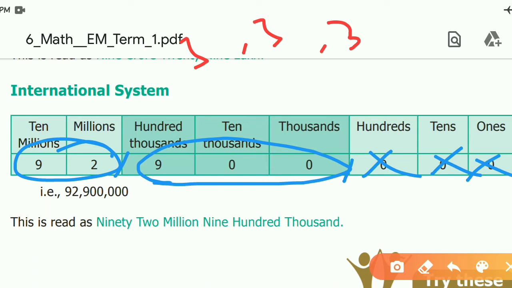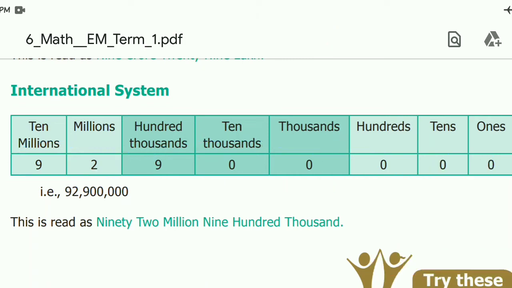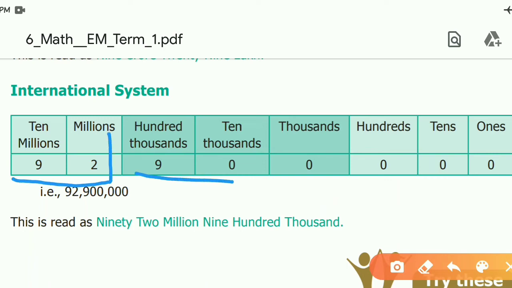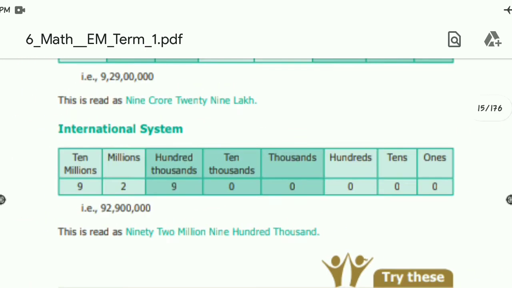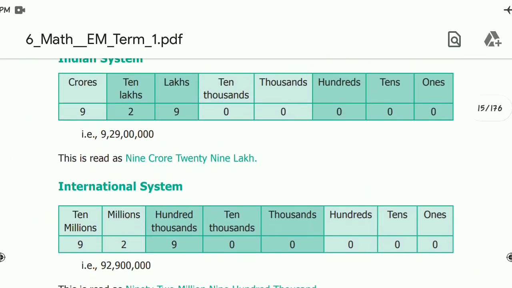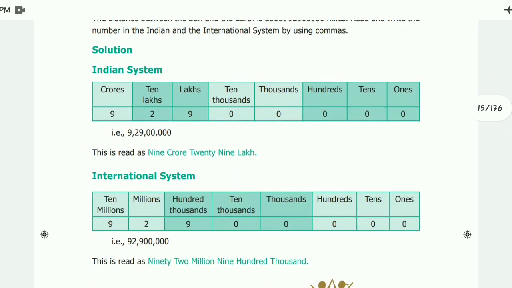Now we can read the number: 92 million 900,000. Are you understand? Okay, students, do you understand the difference between the Indian number system and the international number system? How they are using commas?